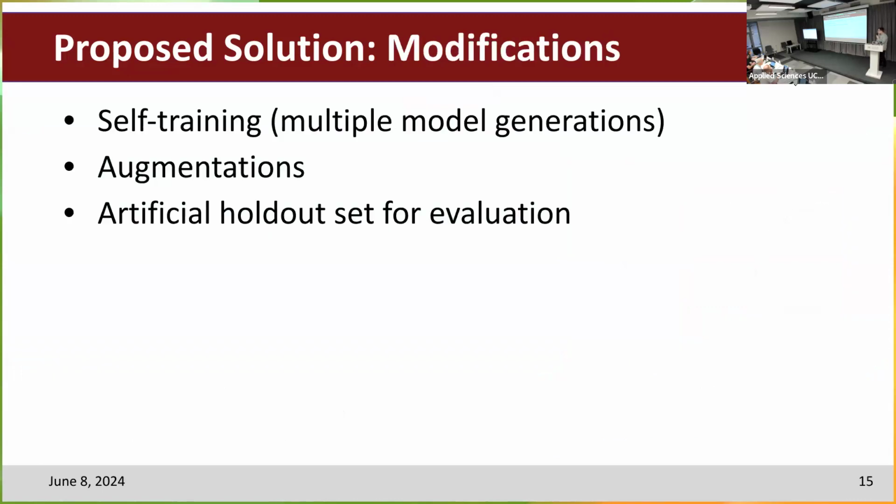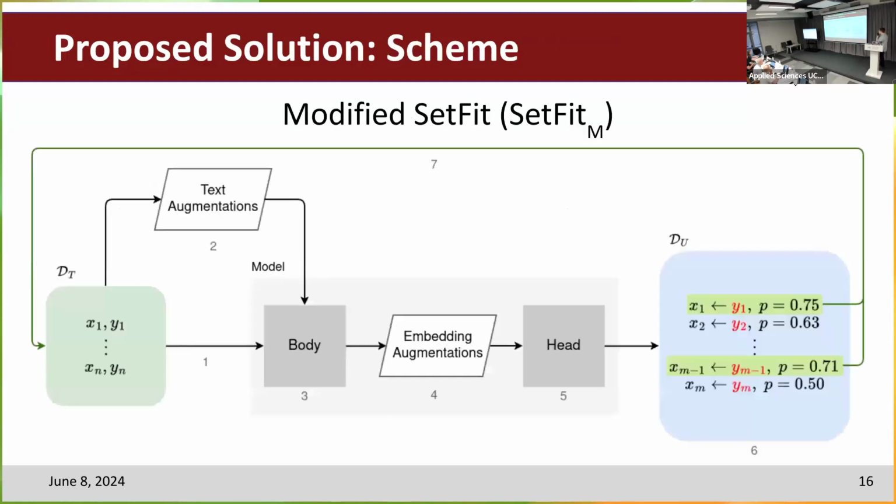Our proposed modifications to the method involve self-training of multiple model generations, augmentations, and the usage of an artificial holdout set for evaluation. Here is the schematic depiction of our proposed solution, which we simply call modified SetFit.